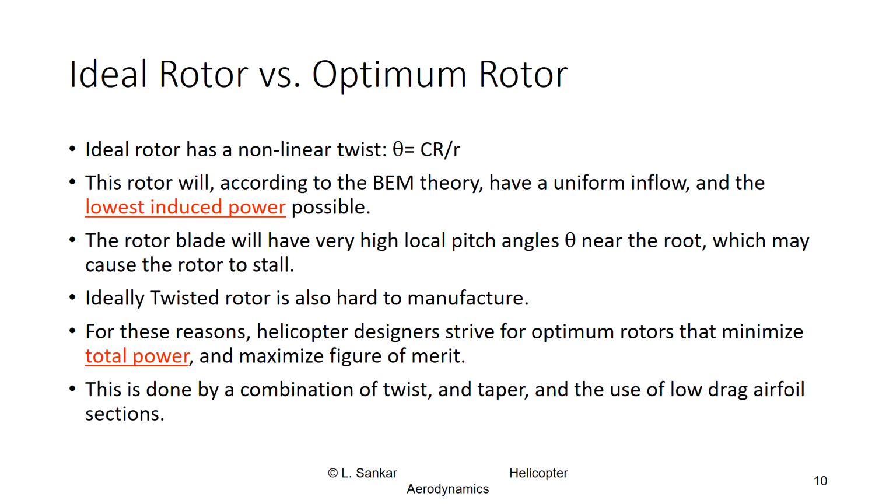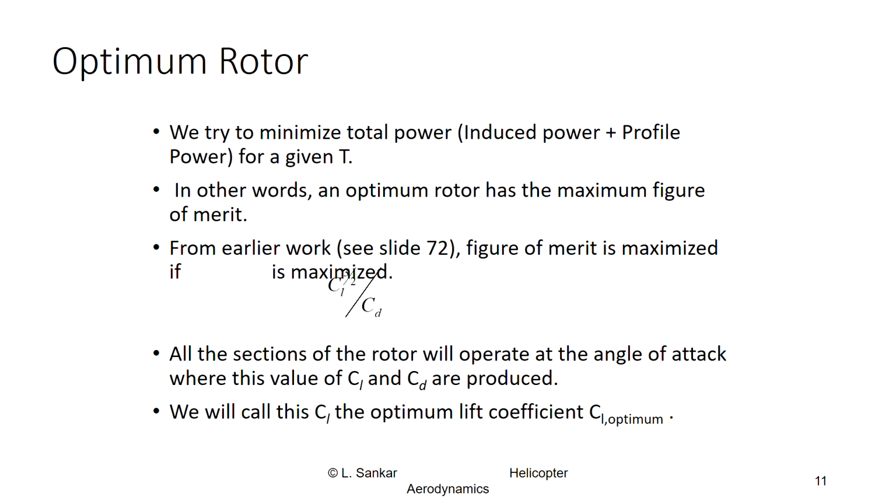The chord is varying as a function of r. So this is the process that is done for an optimum rotor. First thing we do is in an earlier slide, don't pay attention to slide number 72 because it used to be one giant presentation. I have broken it into smaller segments, slides, for recording purposes.